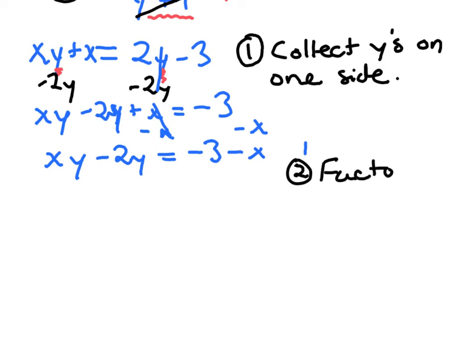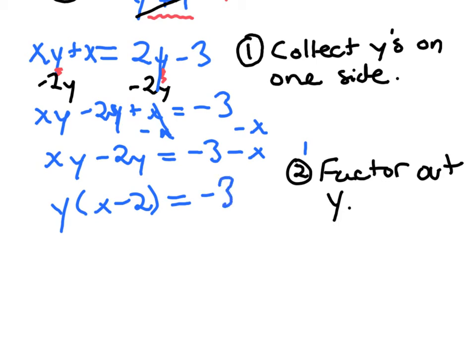So if I'm continuing in the steps off to the right in black here, that would be the next. Whatever variable you're trying to solve for, factor that out now, once you've got the equation sorted. So over here, if I factor out y, I have x minus 2. Now you could factor out a -1 over here on the right side, but I'll just leave it alone.